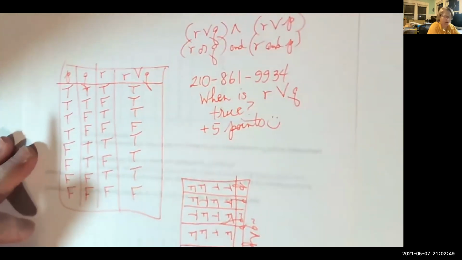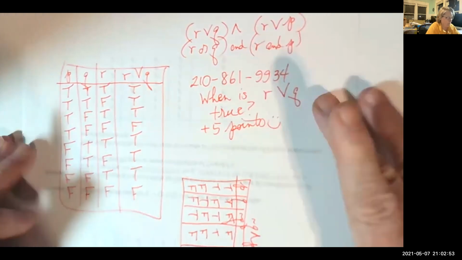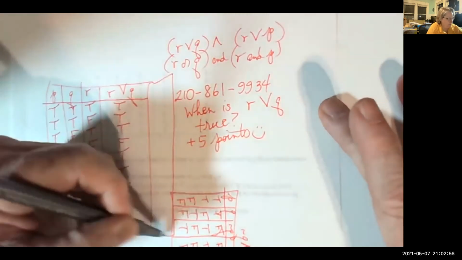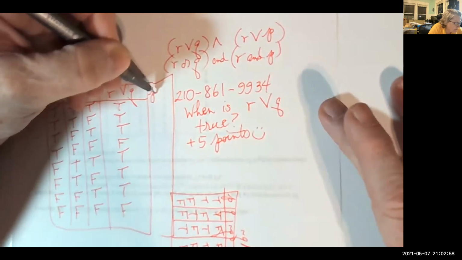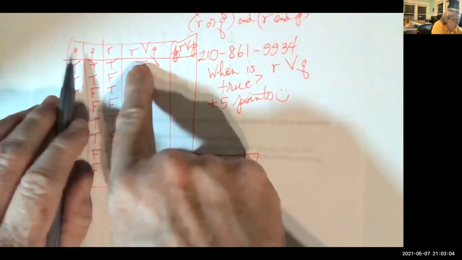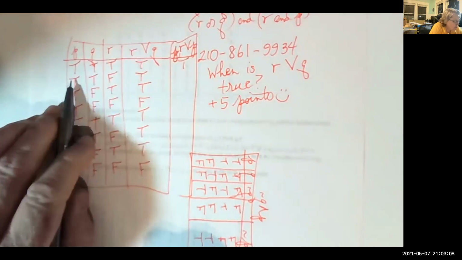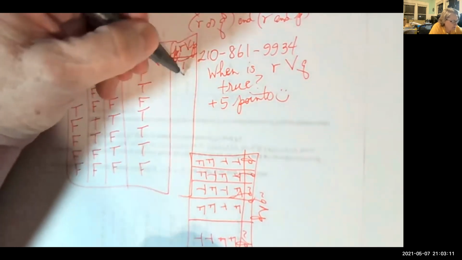All right, the next thing we need is R or P. True or true is true. True or false is true.